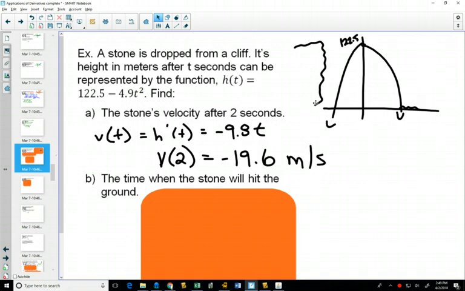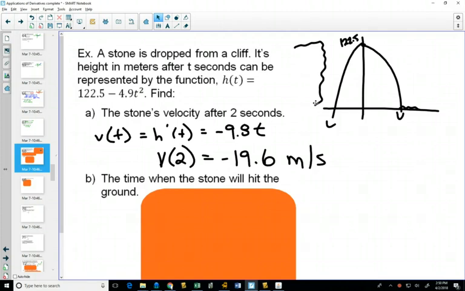Now, the negative 9.8, where have you seen that number before? That's gravity. So one of the things you might not have noticed in all of your real-life parabola questions from grade 11 is often they had a negative 5t squared or a negative 4.9t squared.